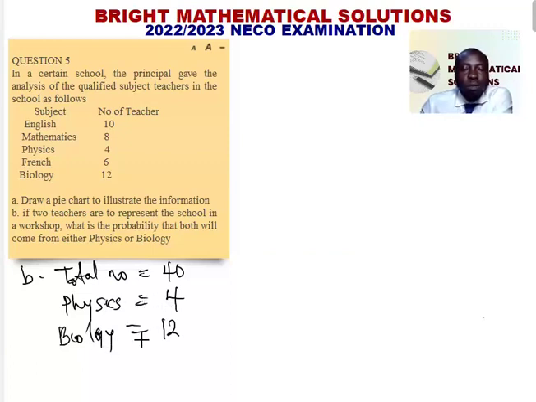So the probability of physics, we are going to look for the probability of physics, and we are going to look at the probability of biology. Now, because we are looking for the probability of either physics or biology that will go for the workshop, we are going to look for the probability of physics, and we are going to look at the probability of biology. So we now just add the two.